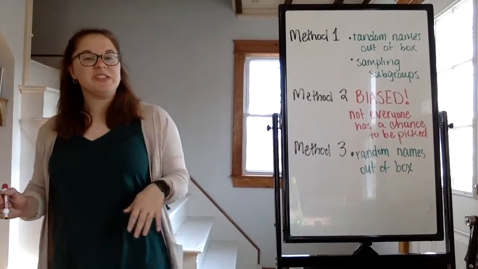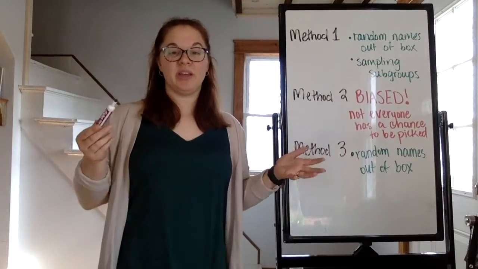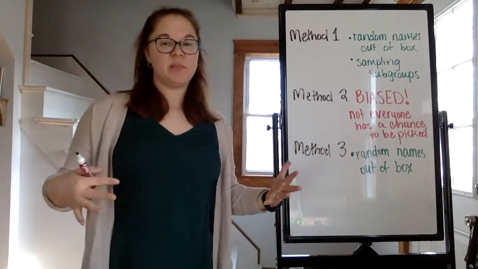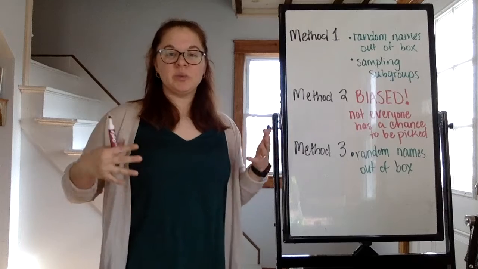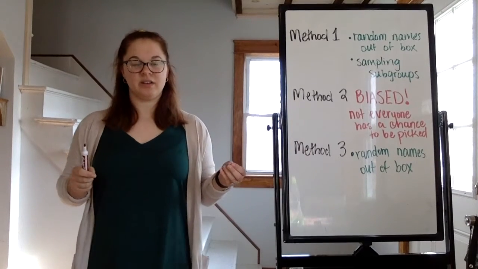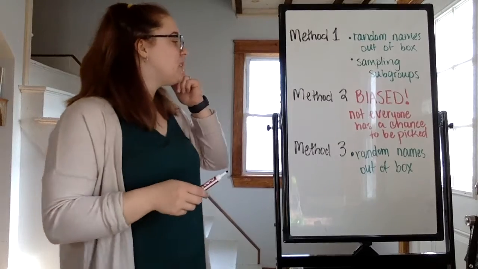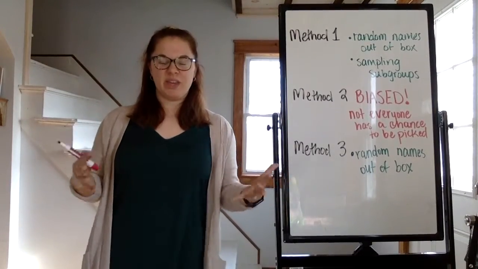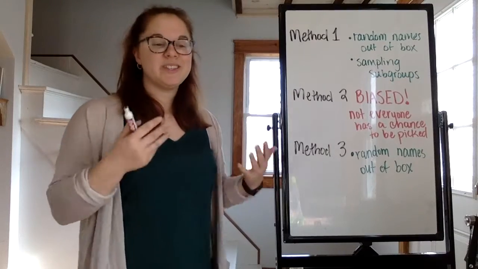So now let's revisit methods 1 and 3. They both create a random sample, but is one better than the other? So let's think about it. We're going to get rid of method 2 because we know just picking the 4 students close to the door is not a random sample.